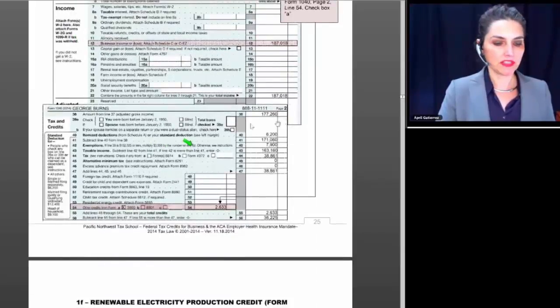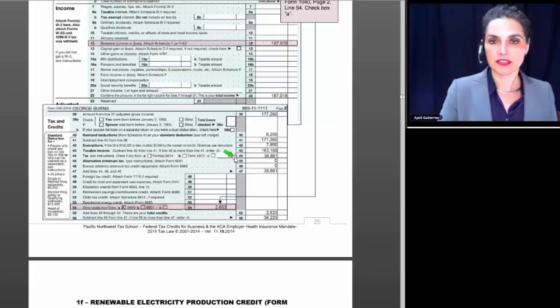We move over to line 38. We have his adjusted gross income. We claim a standard deduction. We claim a personal exemption. We end up with taxable income of $163,160. When we go to the tax rate schedules and figure his tax, we end up with $38,861 of income tax.